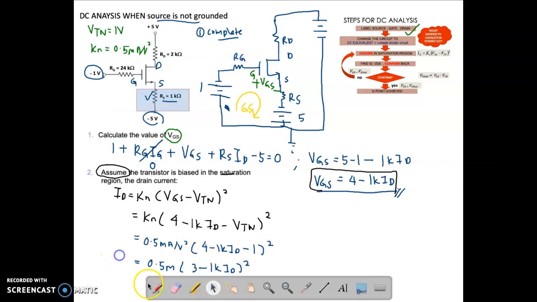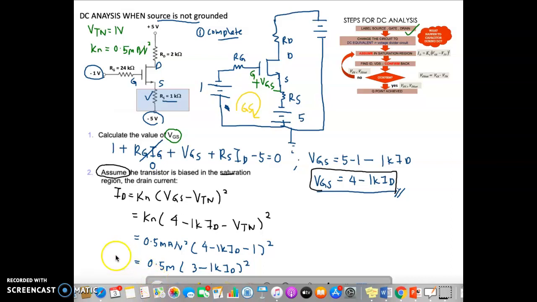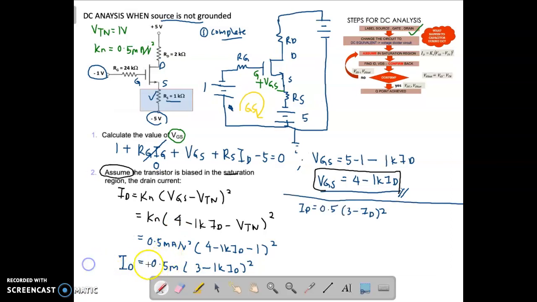Okay, so here will be your ID. You're going to get ID equals 0.5 milli, 3 minus 1K ID squared.